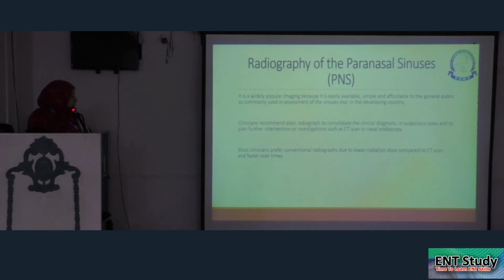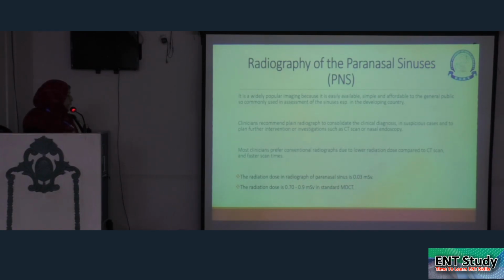Most clinicians prefer the conventional radiograph due to lower radiation dose compared to the CT and the faster scan time. The radiation dose in conventional radiography is 0.0 millisievert, while in the standard MDCT it is around 0.7 to 0.9, which is quite high compared to conventional radiography.